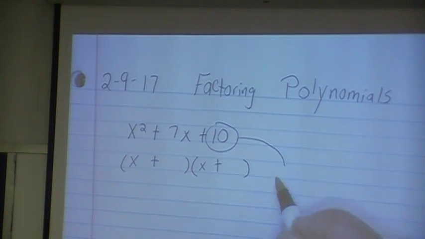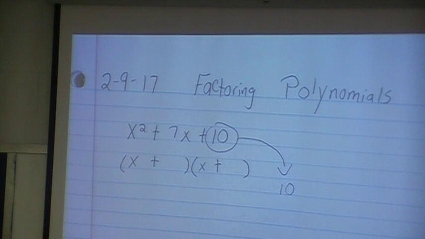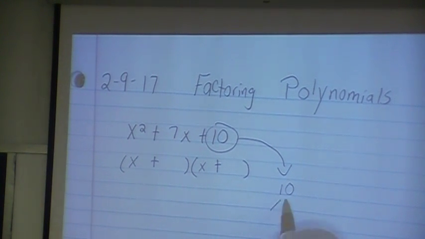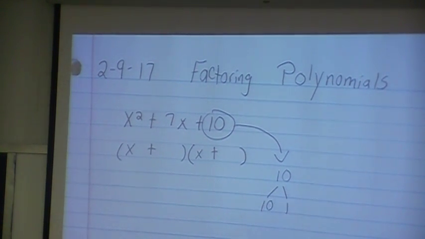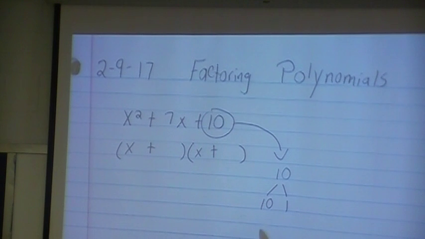You're going to take this last number over here and I'm going to break that number apart. I'm going to think of the factors of 10. Well, 10 and 1. 2 and 5.